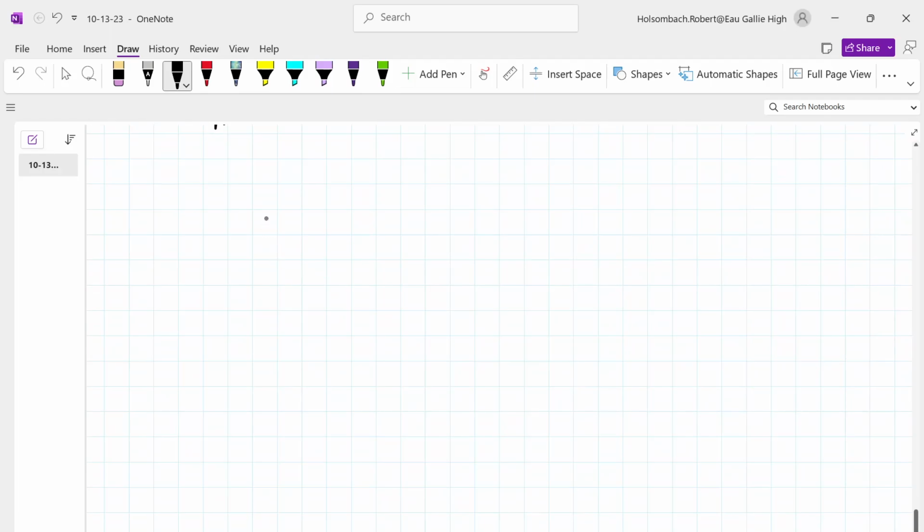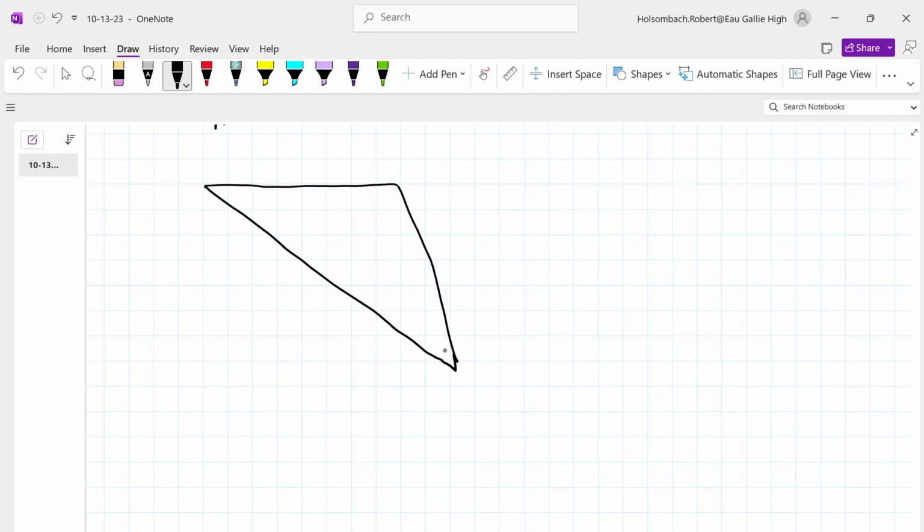What we've got is this triangle JKM. In here we have an angle numbered 1, a 3, a 2, and then a 57 degree angle, 28 degrees, and 71 degrees.